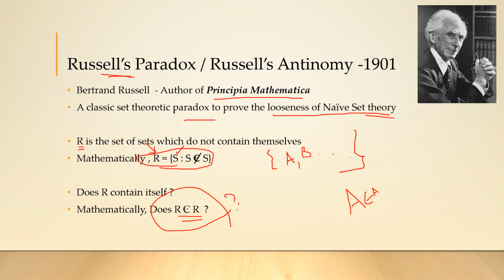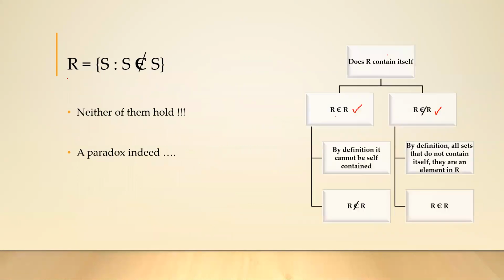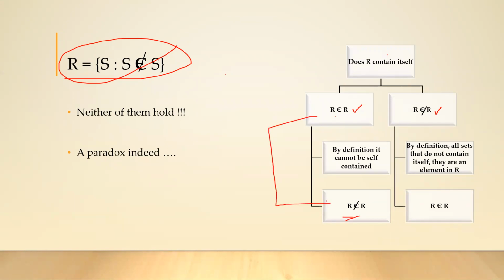R is a set of sets which do not belong to themselves. The definition itself is telling that R contains everything which cannot contain itself, or R is a collection of something which cannot be self-contained, which means R does not belong to R. It becomes a perfect contradiction.